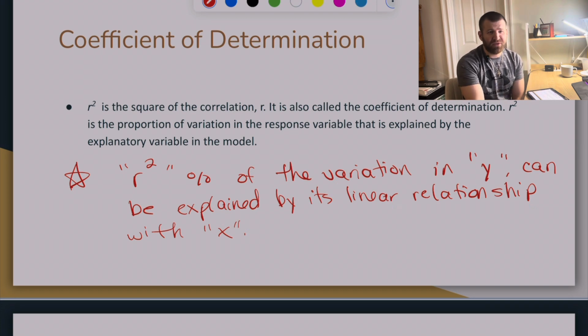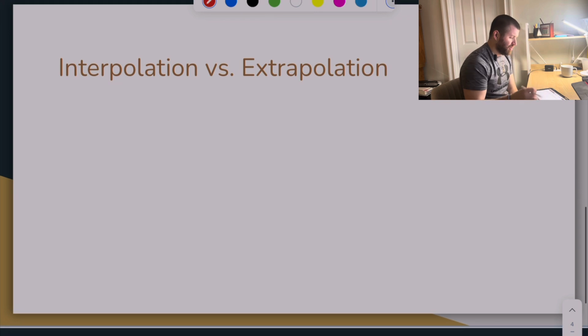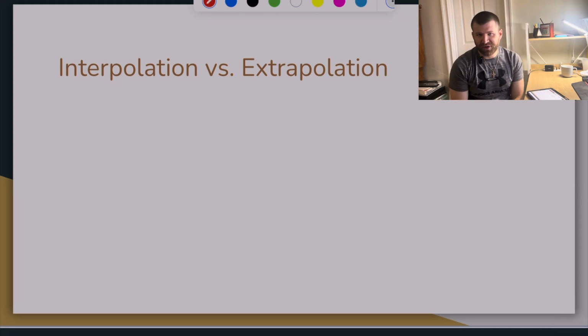Now, the thing to be careful about is that sometimes they'll give you r and ask you to interpret r squared. Sometimes they'll give you r squared and ask you to interpret r. So make sure you read the question closely so you know which thing they're asking you to do. Don't take for granted that you're just given the number you need to interpret. So be careful. Now, interpolation versus extrapolation. This is a very important topic.